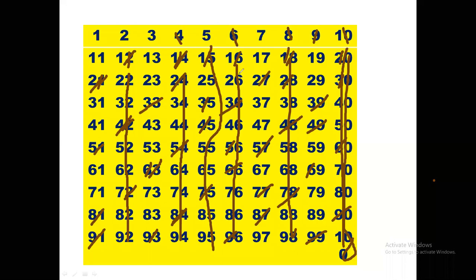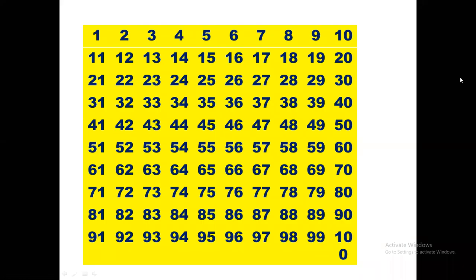Okay, so what we conclude over here: the numbers which are colored are composite numbers because they have more than two factors. As for the numbers which we left uncolored, actually leave this one, so we are going to put a cross because one is neither a prime nor a composite. Now except for one, the numbers which are left uncolored are prime numbers because they have only two factors.